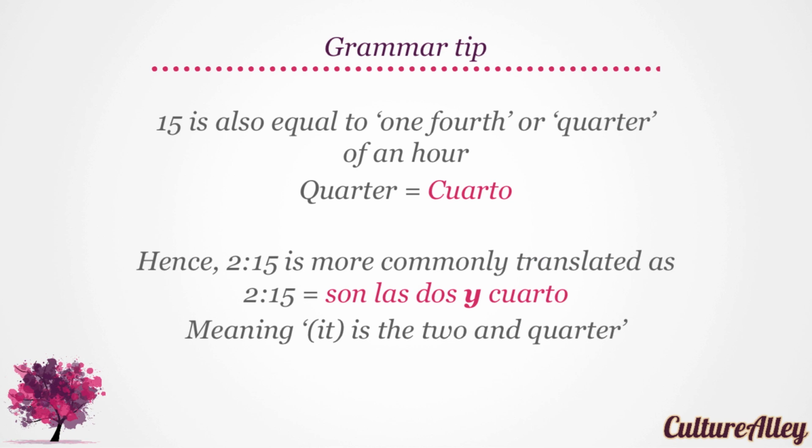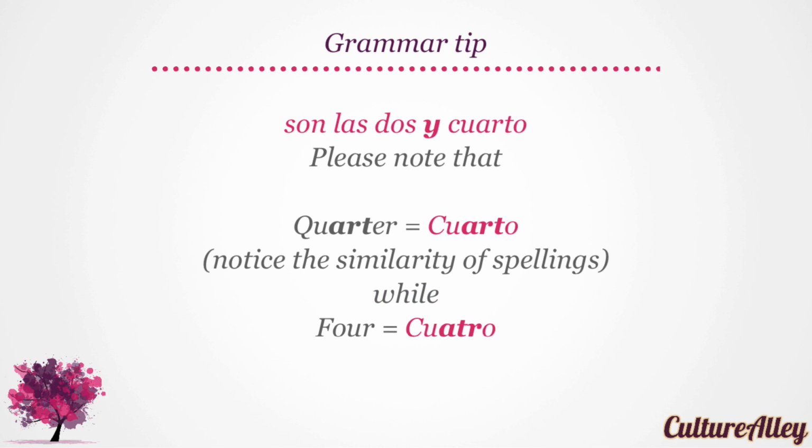15 is also equal to 1/4 or a quarter of an hour. Quarter translates to cuarto. Hence, 2:15 is more commonly translated as son las 2 y cuarto, which means "are the 2 and quarter." So now you know that it's 2:15 is son las 2 y cuarto. Please note that quarter is cuarto, while 4 is cuatro.